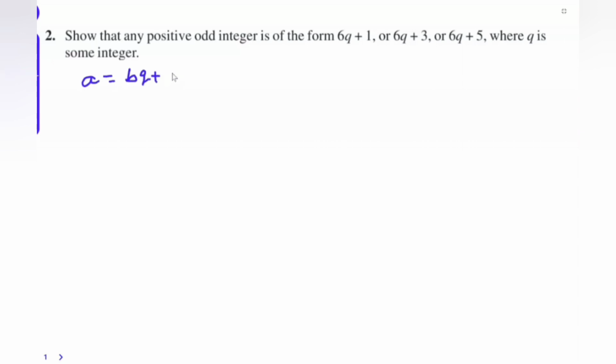This is our Euclid's division algorithm. According to this, r should be greater than or equal to 0 and less than b. So let us think now, let a be any positive odd integer.